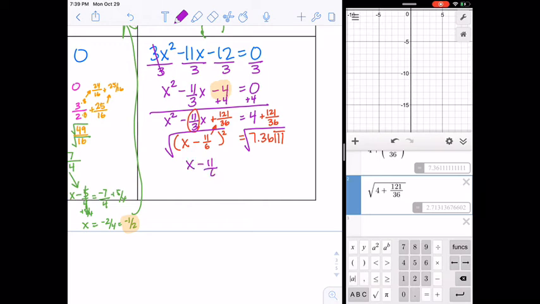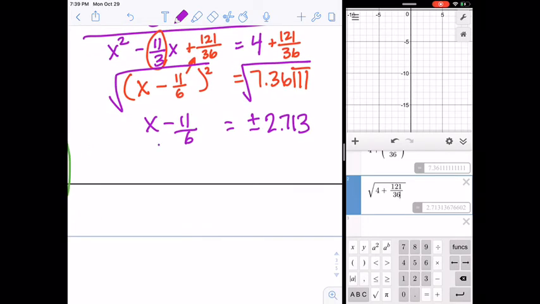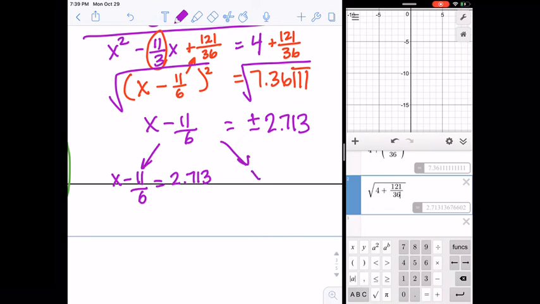X minus 11/6 is equal to positive or negative 2.713. I'm going to write it with 3 decimal places. I'm going to put it over here. X minus 11/6 could be positive, or x minus 11/6 could be that negative answer.